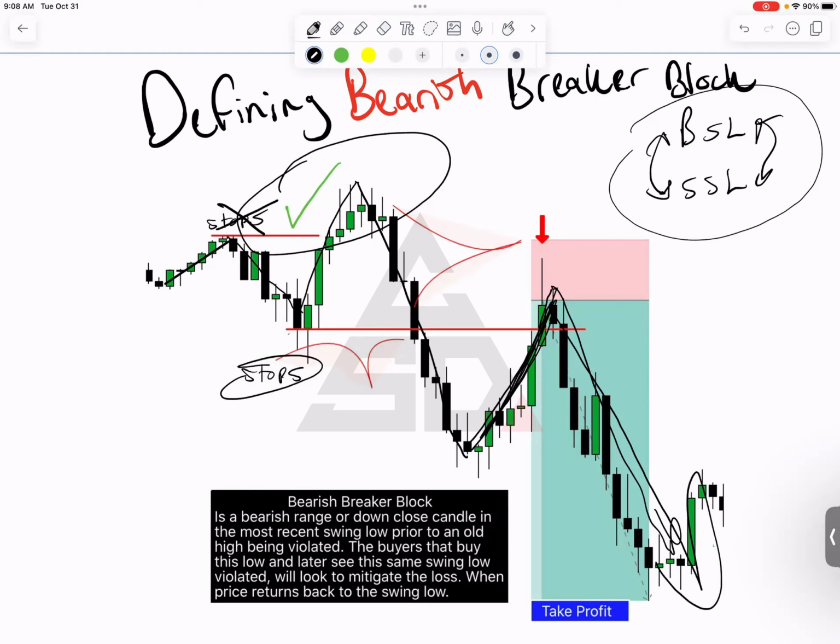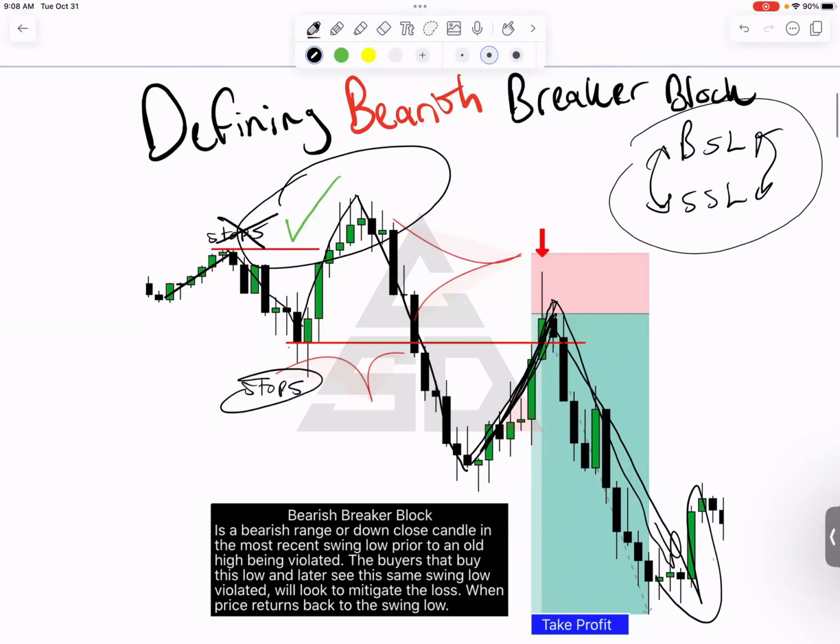But just understanding that's basically what a breaker is. From my definition, it's more of a market structure shift, like a reversal pattern, and it's a strong pattern because it literally traps buyers in the market.